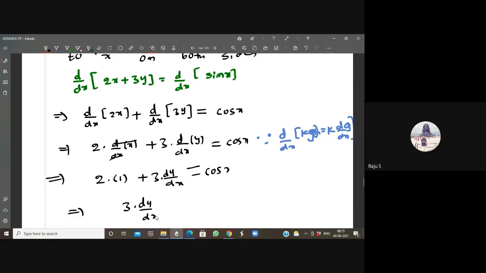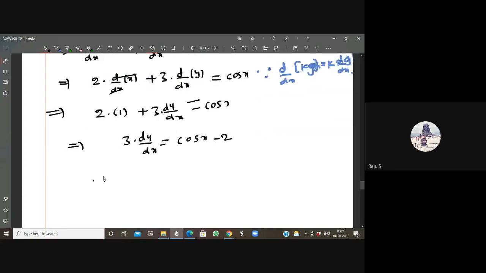So 3 into dy by dx is equal to cos x minus 2. Therefore, finally, we require dy by dx. So dy by dx is equal to 1 by 3 times cos x minus 2. That's it. This is the required dy by dx.